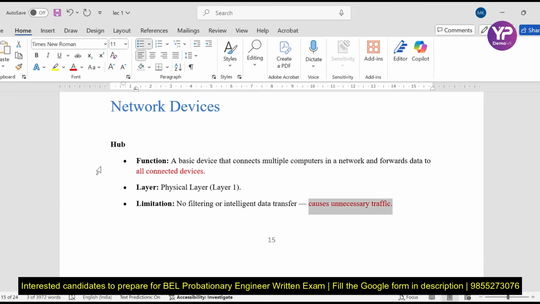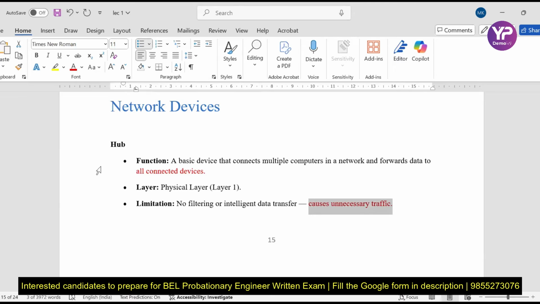That's why it forwards the data to the required destination by seeing the MAC address as the destination. And as we discussed in the last lecture, if you want to send data within a network, within a LAN, you use MAC address.